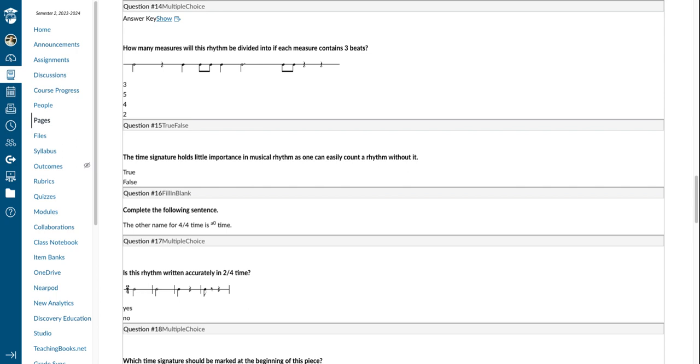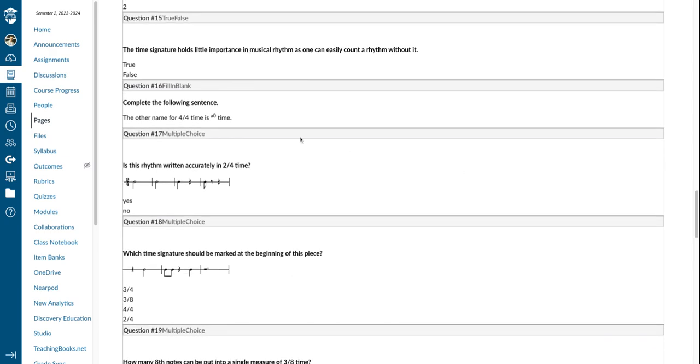I won't be able to say 1, 2, 3, 4 because I don't know the time signature, but I can count the rhythm. I can clap the rhythm. 1, rest, 1, 2, 3. I can still have a tempo beat, and I can still count the rhythms that way. Technically, if you want to say.